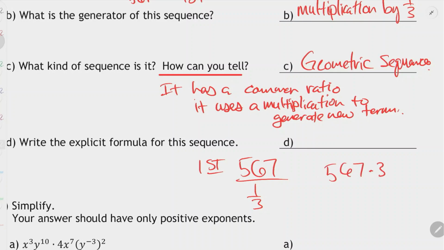It turns out both give me the same value. The 0th term is 1701, so the explicit formula would be T of n is equal to 1701 times 1/3 raised to the nth power, and that's it. So you can see I have both the common ratio, and this 1701 is the 0th term.